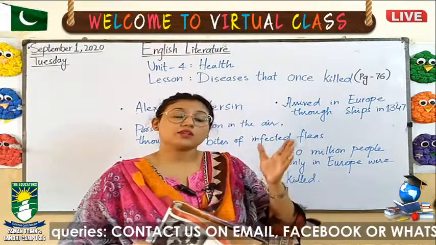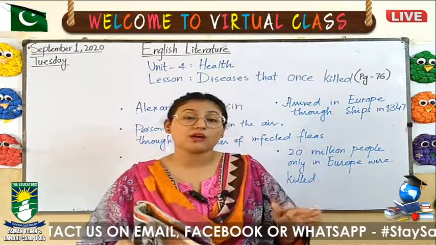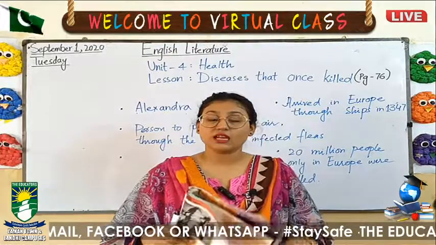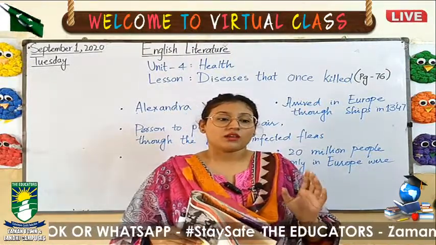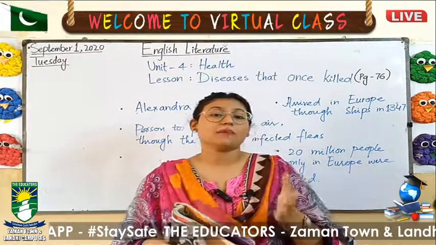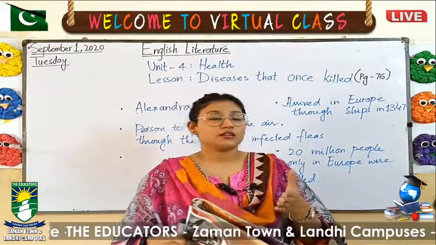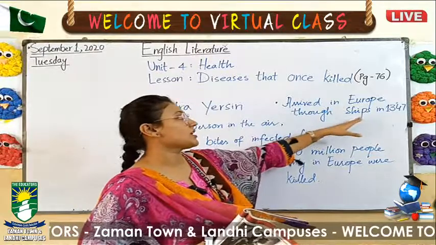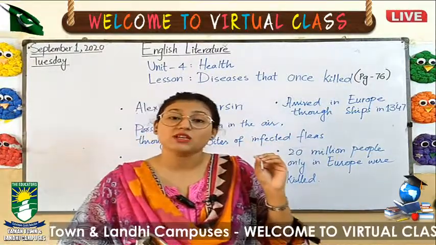Before arriving in Europe, Europe and Asia were stuck with this disease in the 13th century. But it finally arrived in Europe through ships in 1347, and it continued for 5 years.